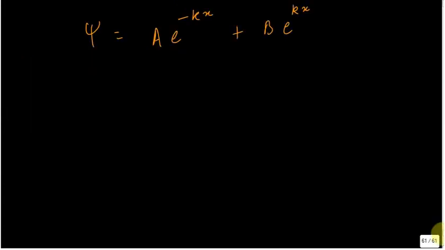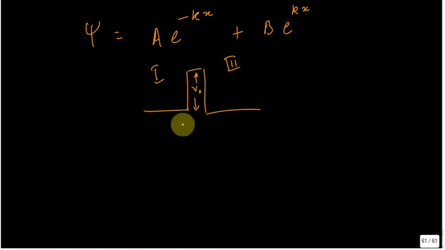Now, you would ask how do you know that this wave has decayed into this potential step? So what I'll do is make this potential step small. No, not in height, but in width. So I have this region 1 and region 3 which are exactly identical. And here I have a potential barrier between 0 and L, let's say.